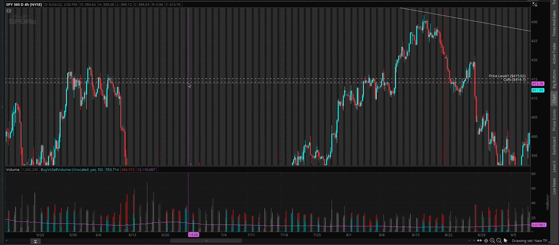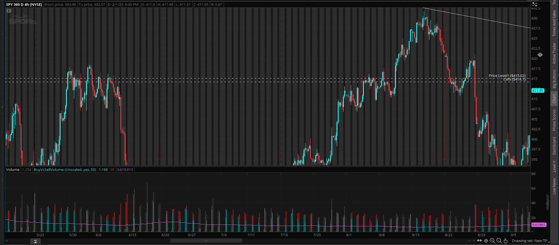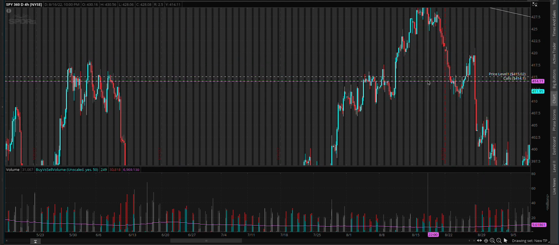So anyways, I'm going to be careful tomorrow, and the levels that I marked off are a real simple trading plan. But to be safe, you've got to find a real strong level, which is stronger than that. So what I like to do is look for levels that got hit a lot of times.